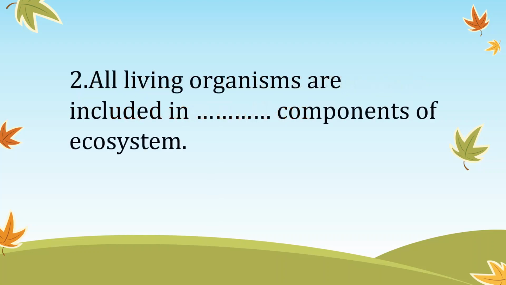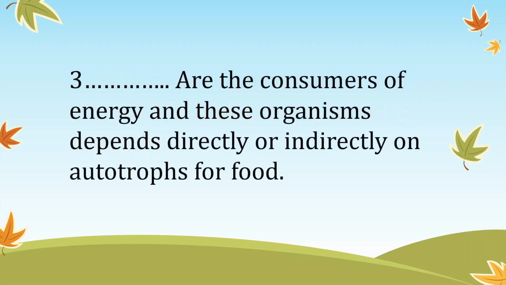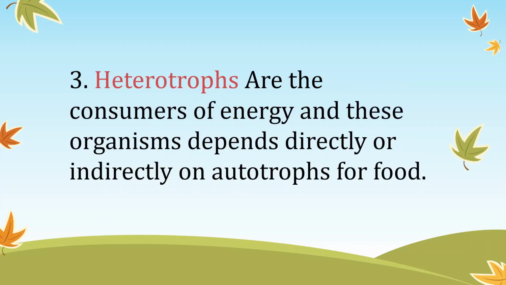Second, all living organisms are included in dash components of ecosystem. Answer, biotic. Third, dash are the consumers of energy and these organisms depend directly or indirectly on autotrophs for food. Answer, heterotrophs.